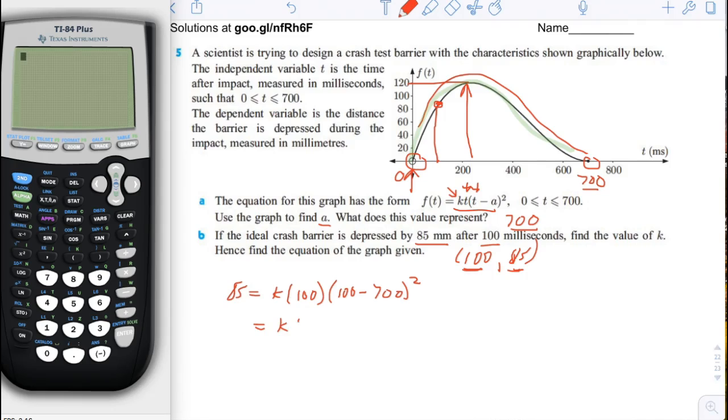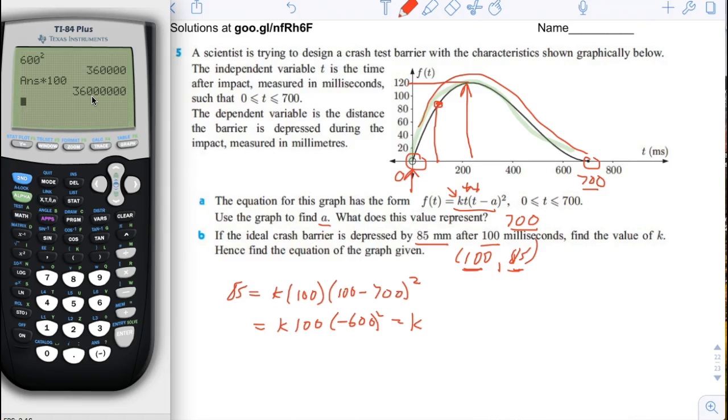So k times 100 and negative 600 squared. Okay. Negative 600 squared is positive 600 squared, which is 360,000 times an additional 100. So it's like 36 million maybe.